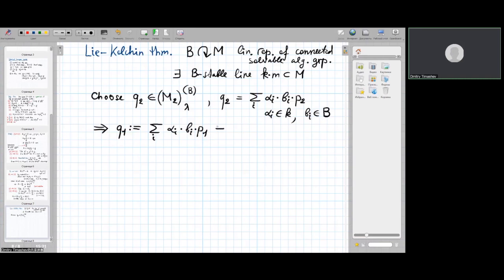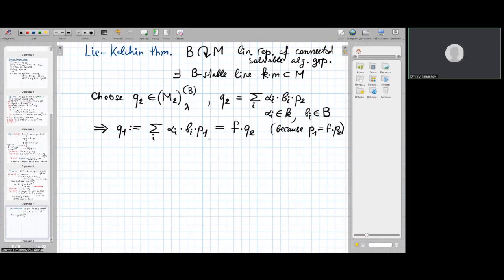Then this is equal to f times Q2, because let me remind you that P1 equals f times P2, and when you act by these elements b i, f doesn't change because f is invariant, and you get the same equality for P1 and P2, and then when you take the linear combination, this property is preserved.